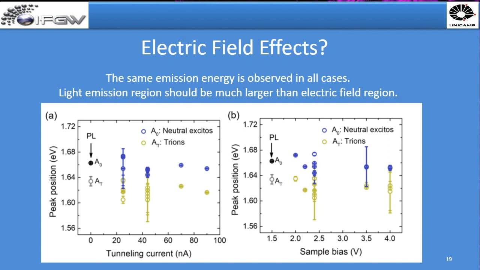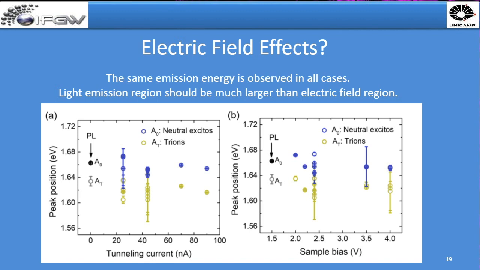So the peak position is basically the same for photoluminescence and for tunneling current-induced luminescence, for whatever current and for whatever voltage. So for us, this is an indication that we are really observing a property of the sample and not a property of the sample subjected to a highly intense electric field.